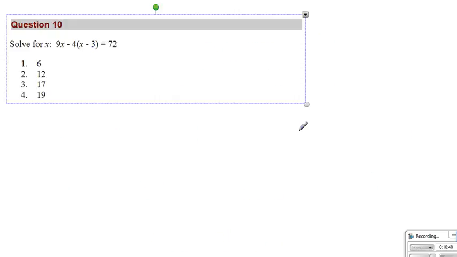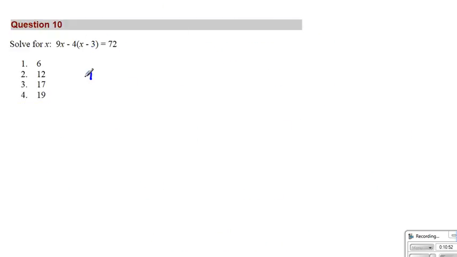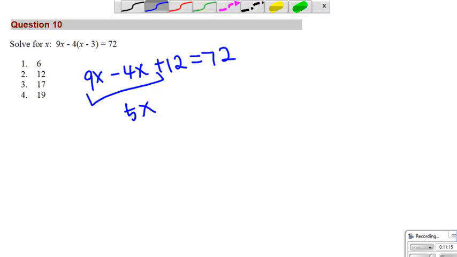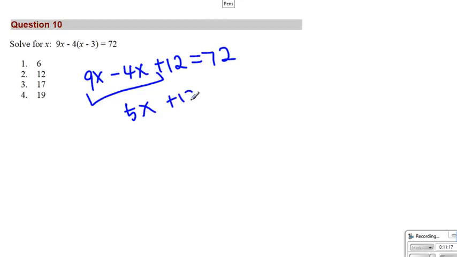Alright, let's move on to the next question. Here we have 4 has to be distributed. So 9x minus 4x, negative, negative, notice, will be multiplying into positive 12, equals to 72. Now, first, when you combine these two things together, you're going to have 5x plus 12 is equal to 72.